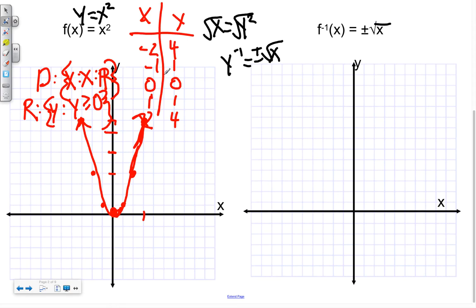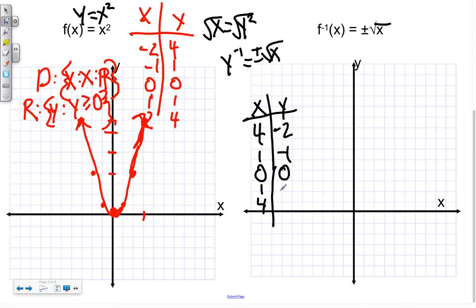So since we already know points here, we also know points over here. So again, we're going to have x and y, and I'm just going to switch my chart here. So I'll have 4, 1, 0, 1, 4. I just am switching these, and then I have negative 2, negative 1, 0, 1, and 2.